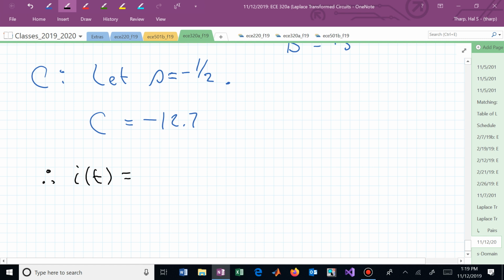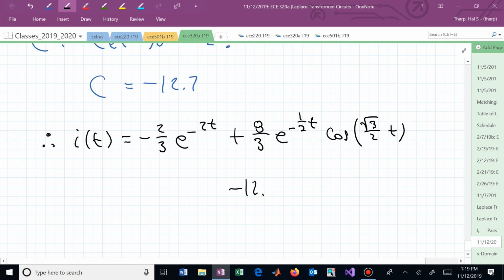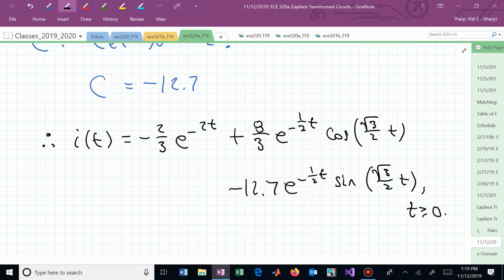I of t is now minus 2/3 e to the minus 2t plus 8/3 e to the minus 1/2 t cosine square root of 3 over 2t minus 12.7 e to the minus 1/2 t sine. That's now I of t. That's the inductor current for time t greater than or equal to 0.